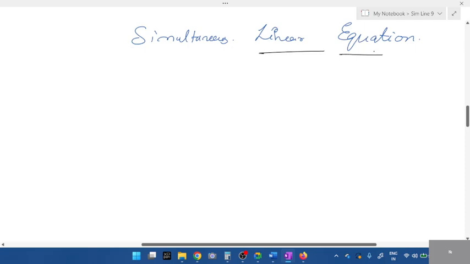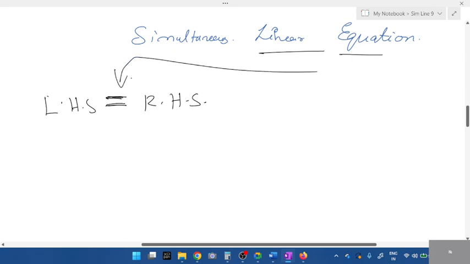What is an equation? What do you mean by equation? Left hand side you'll have a value and is equal to some value on the right hand side. This is known as an equation. Equation means the equal symbol. Linear meaning is one variable.